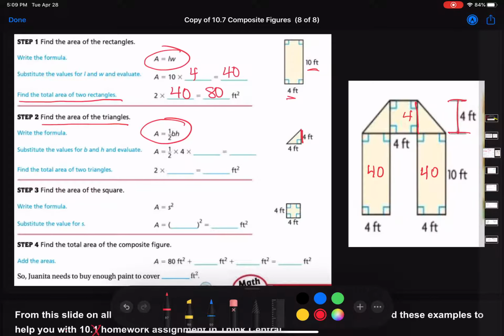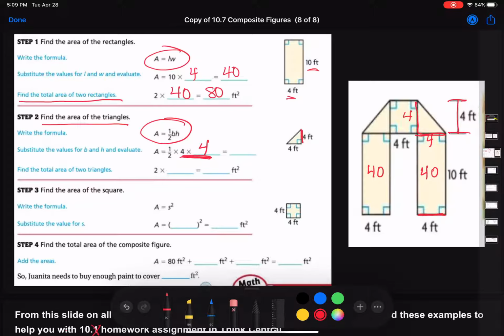And the base is 4 as well, because if this side is 4, then this side is 4, because opposite sides are the same. So it's 1/2 times 4 times 4.